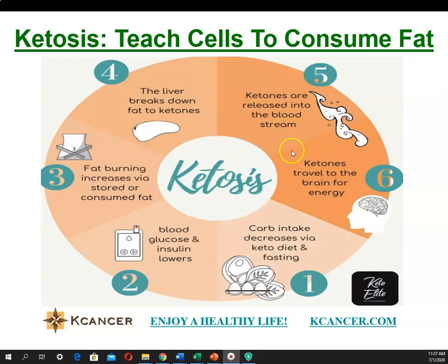Then the body is no longer looking for glucose. It doesn't want glucose, because glucose is a low and inefficient source of energy, but ketones are a much higher source of energy. You don't feel hungry all the time. So that is the keto diet.